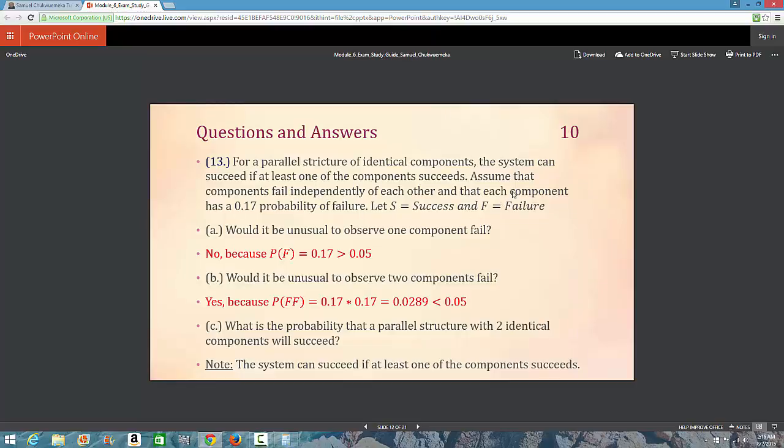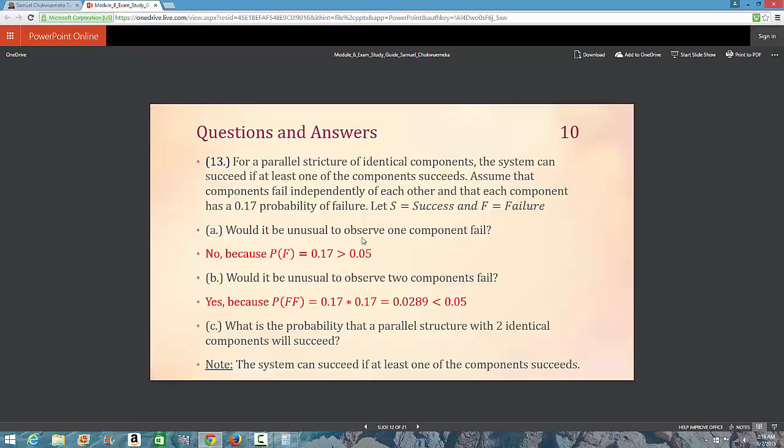Assume that components fail independently of each other and that each component has 0.17 probability of failure. So if it has 0.17 probability of failure, that means the probability of success will be 1 minus 0.17. Okay, just know that. Now let's say S is success and F is failure.